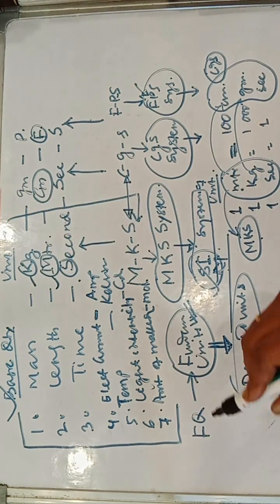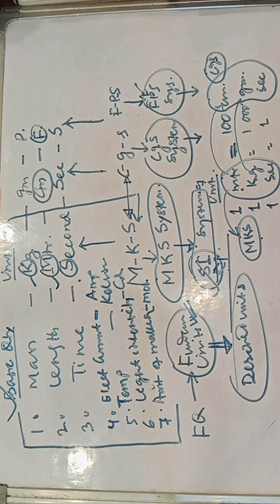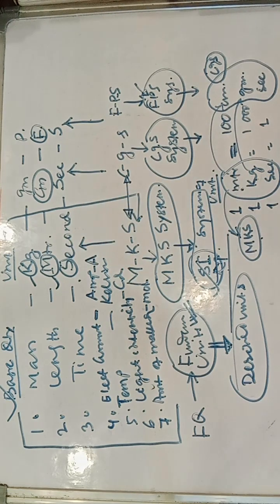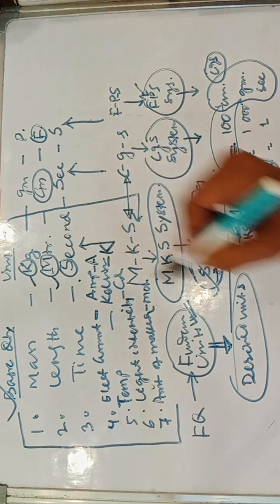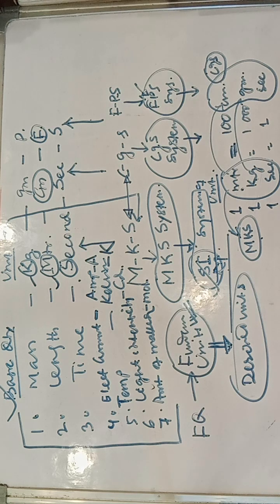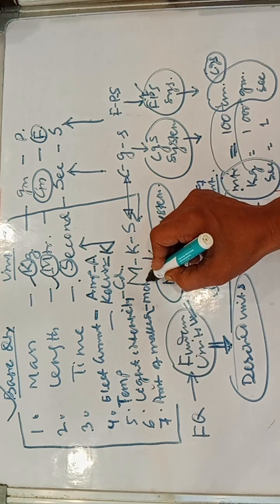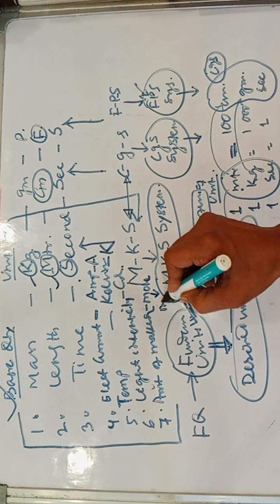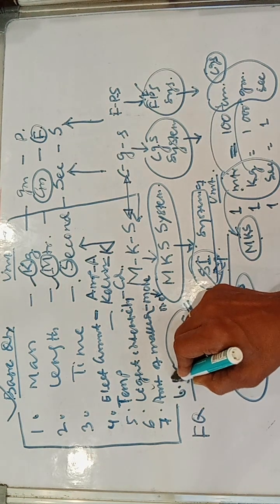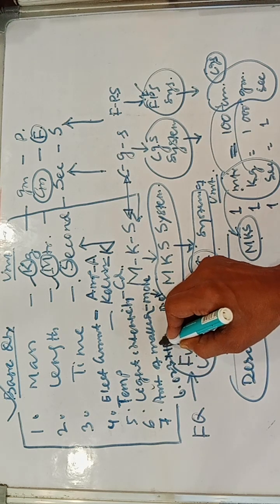In addition, four other fundamental quantities or their units: ampere for electric current, Kelvin for temperature, candela for light intensity, and mole for amount of matter, that is number of atoms or number of molecules. It's a bigger quantity, 6.023 into 10 to the power 23.